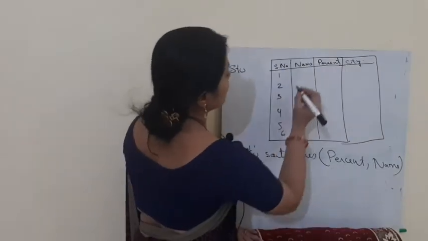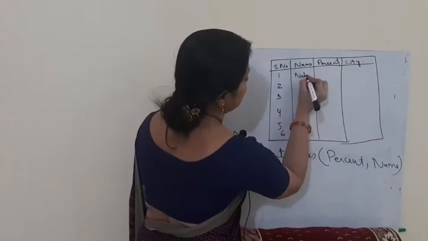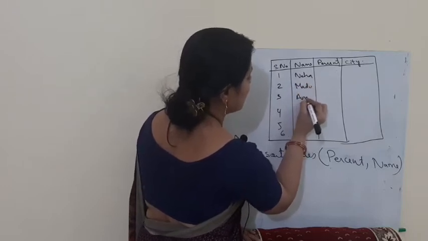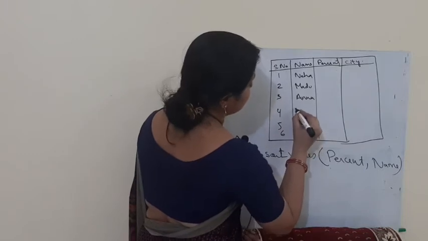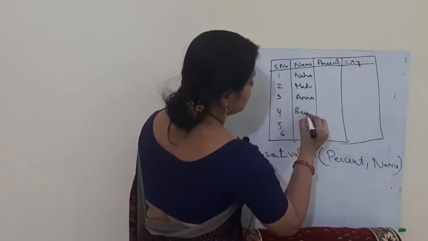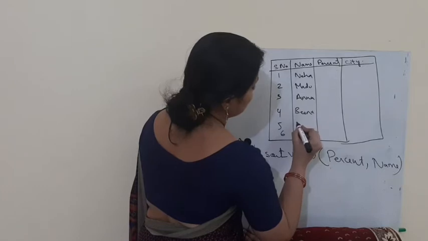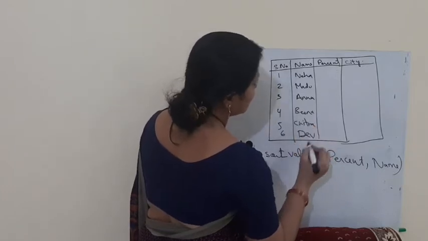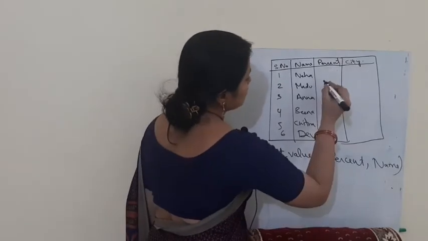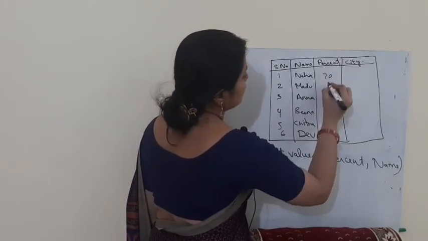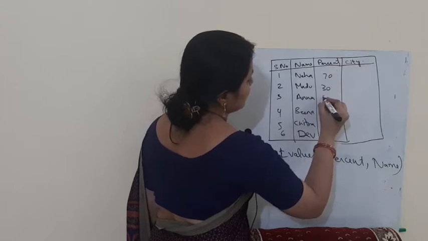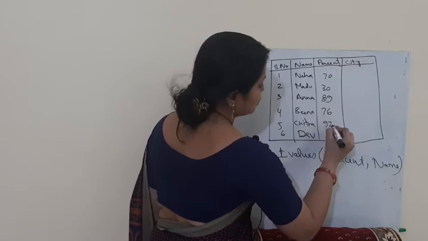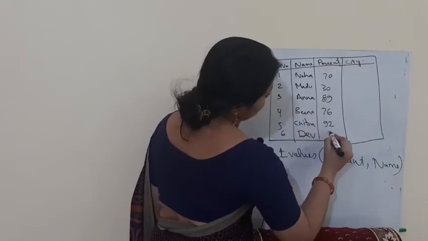For example, I have the names Neha, Madhu, Anna, Bina, Chitra and Dev. The percentages are, for example, 70, 30, 89, 76, 92 and 58.